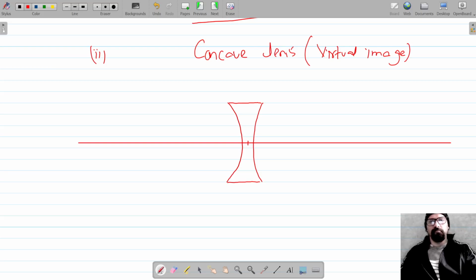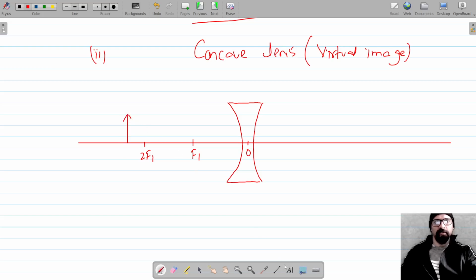So let's say this is the optical center. This is the first principal focus, second principal focus, and let the object be placed here. So the object is upright.